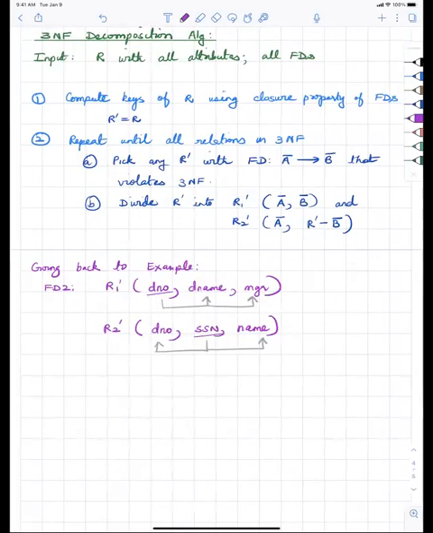Wouldn't R minus the B bar already have DNO in it? No, so that's the thing you have to bring down. The main thing is that you have to bring down the A bar. The key, the left-hand side of the functional dependency, you have to bring it down. D number was the left-hand side, so you have to bring it down.